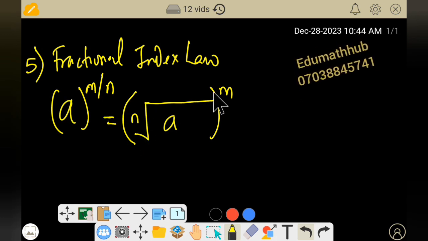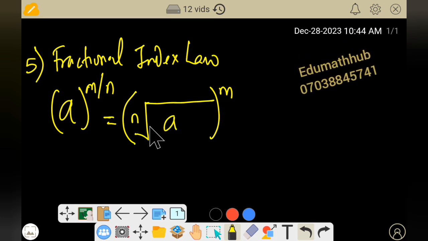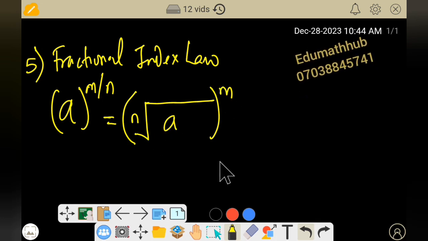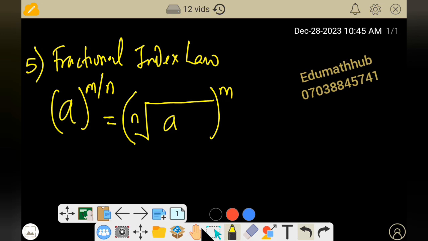So you have a root sign, this a will be inside the root sign, n will be outside, m will be here. Look at this example.